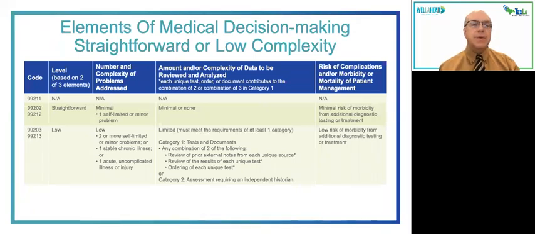So I included some graphs here for you to be able to review and basically match up your particular coding levels. I'm not going to go through all of these. I'll just provide it for your information. But the elements of medical decision-making, if it's either straightforward or low complexity, that's what's included on this particular page.